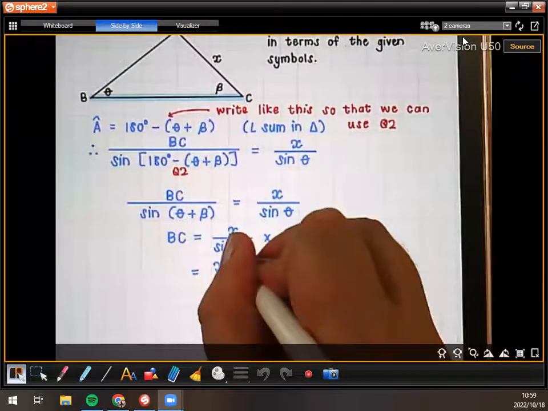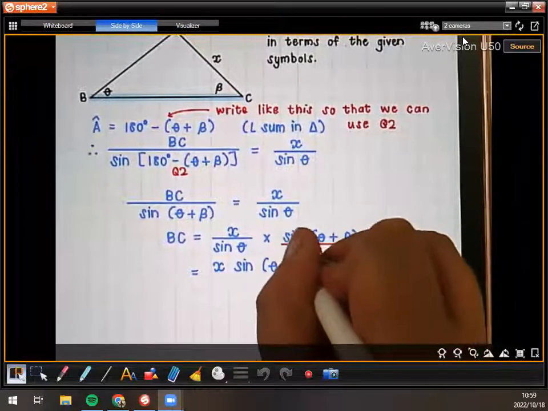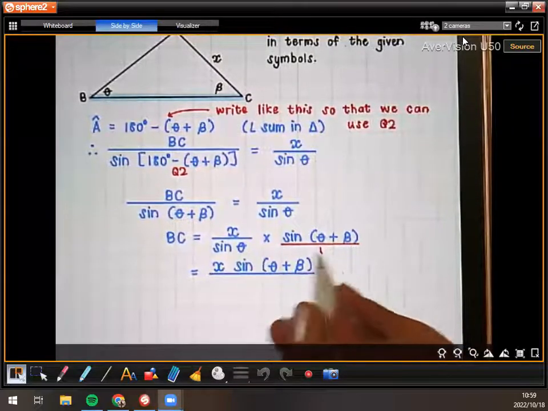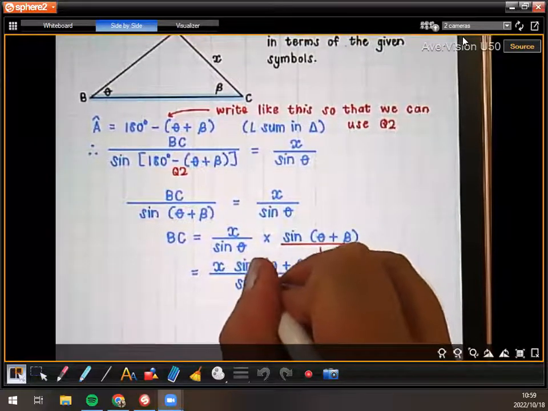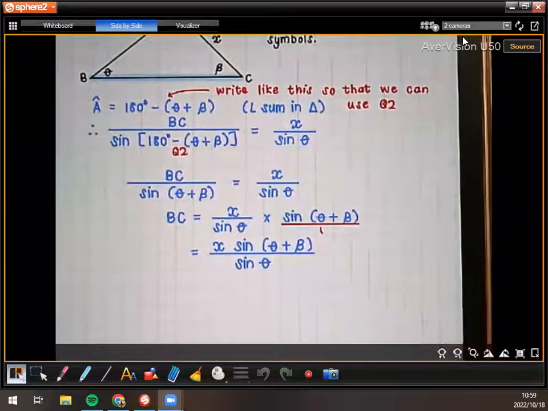We have to put x sine theta plus beta as our numerator over sine theta times 1, right? Which is just sine theta. Okay, so your answers, guys, you always have to leave them in simplest form. So not two separate parts. If it's a fraction multiplied by something, you have to write it as one term.